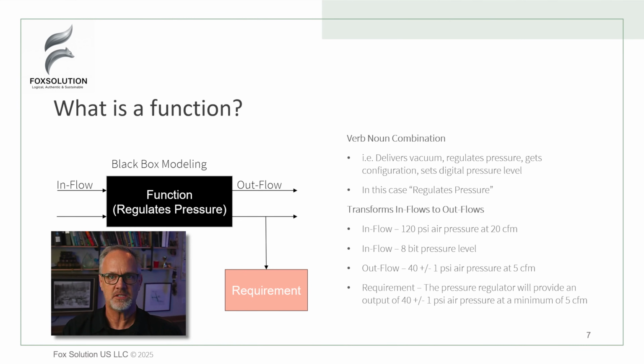And in this case, the requirement then would be that the pressure regulator provide an output or an outflow of 40 plus or minus 1 psi at a minimum of 5 CFM. So this is just an example that if I had a pump and the pump was the lowest level component in the design, I could use this function to define what it is this pump is going to deliver.